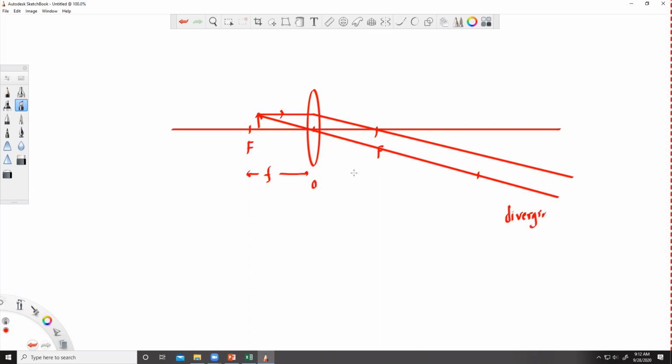That means in order to see the image, so let's say my eyes are here, I need to produce these rays backwards. When I produce these rays backwards, they will meet at some point on this side of the lens.